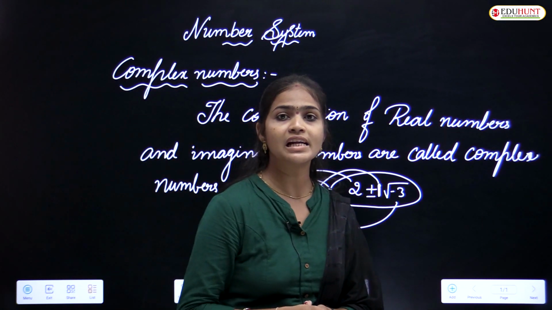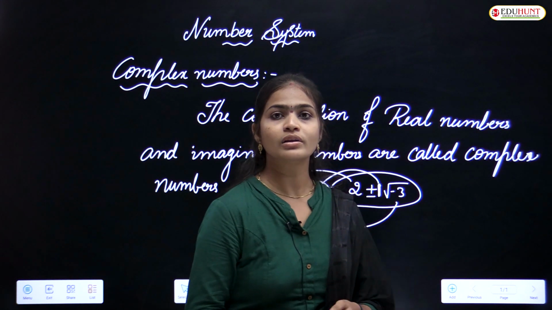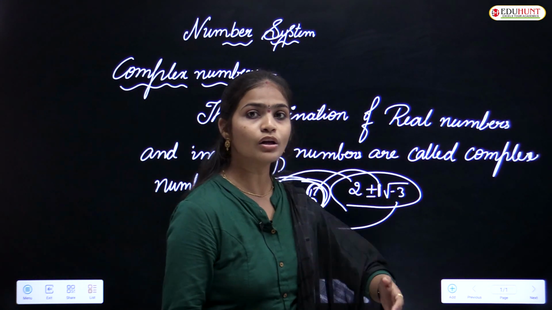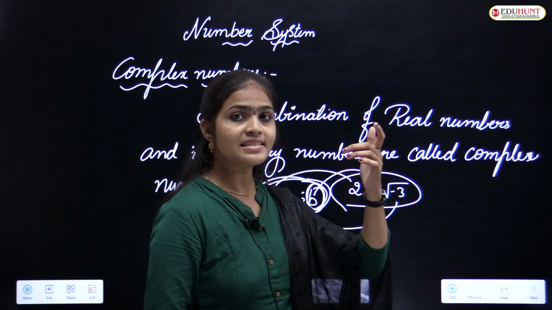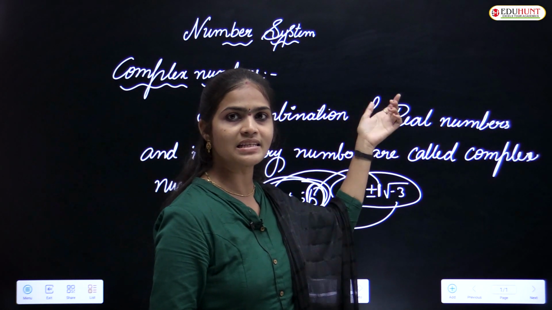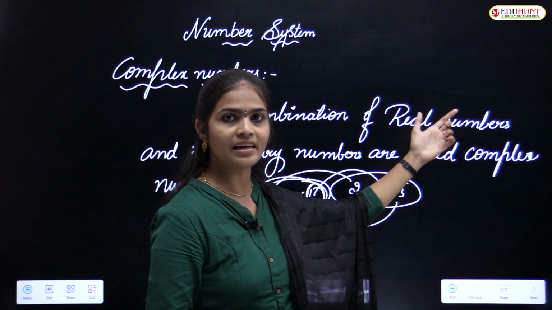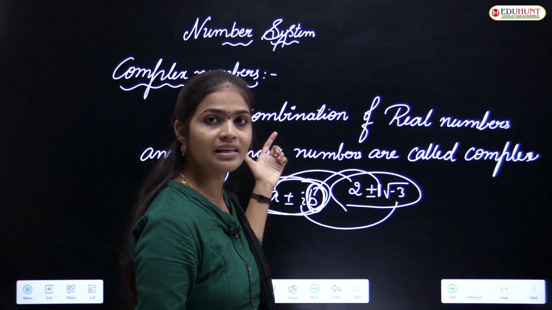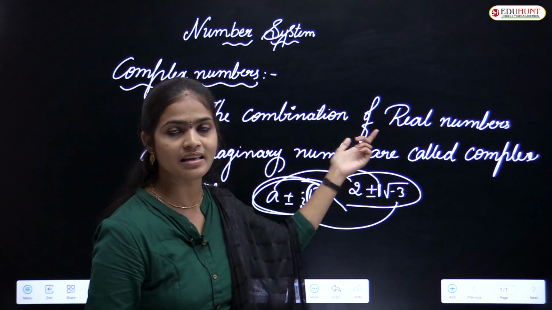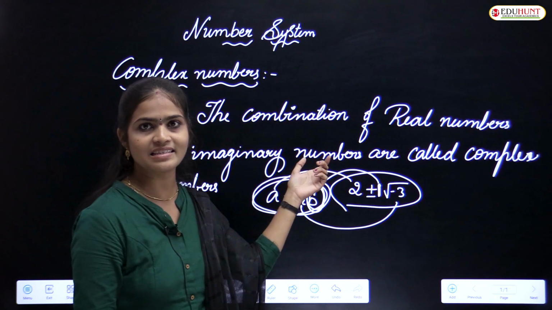So if you observe the flow chart, at the starting we can observe the heading as complex numbers. In complex numbers we have real numbers and imaginary numbers. In real numbers we have rational numbers and irrational numbers. In rational numbers we can observe fractions and integers.